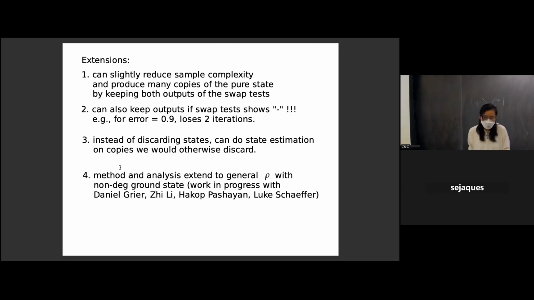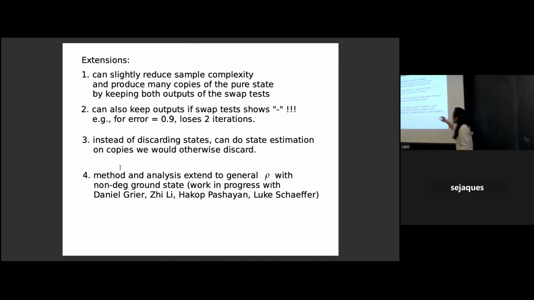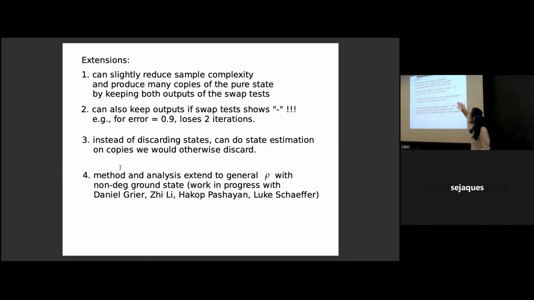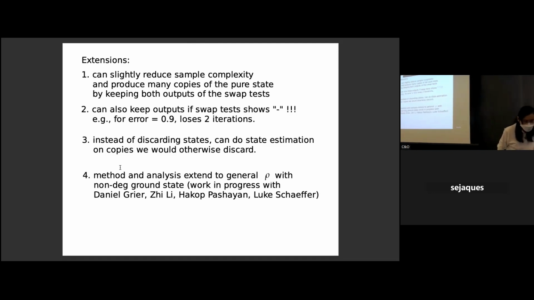Another thing is, instead of discarding the state, we can also take the state to do some kind of learning or some state estimation. We are very wasteful in the way we wrote the initial protocol. That hopefully can help save a lot of resources, because we can use it in some regimes. We have so many states that we discarded, we can almost do tomography out of the discarded states.